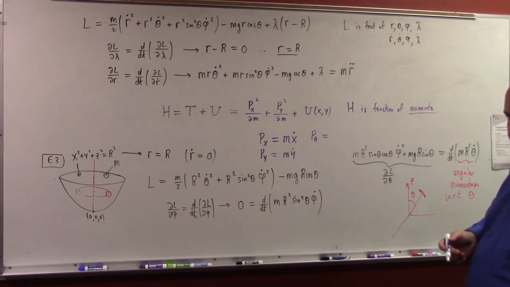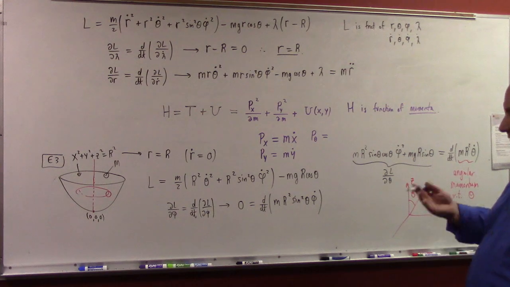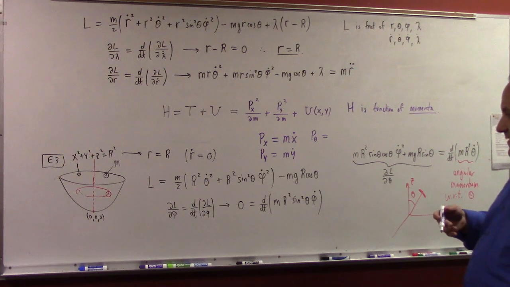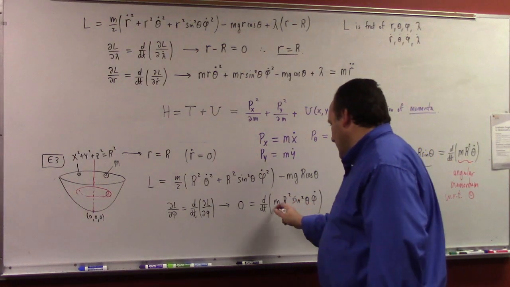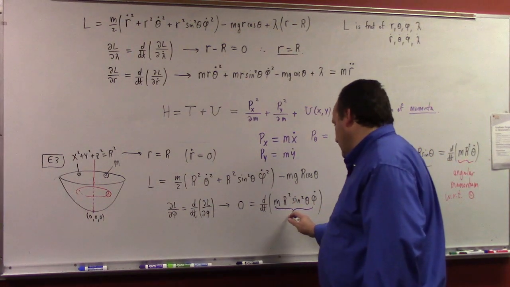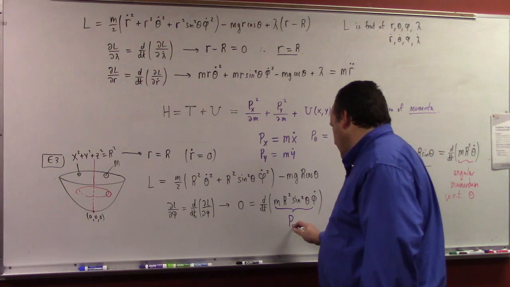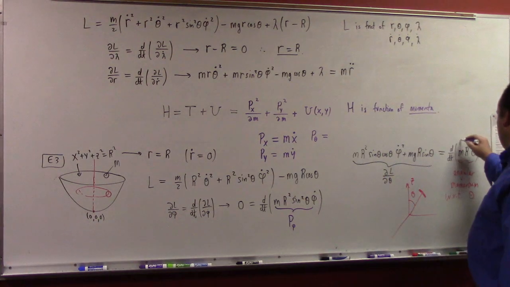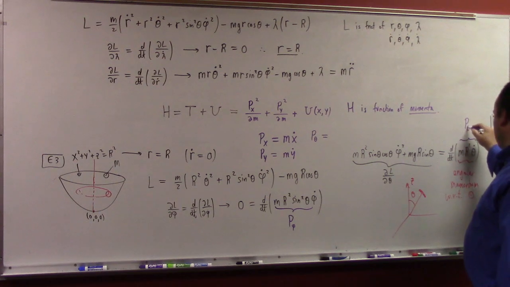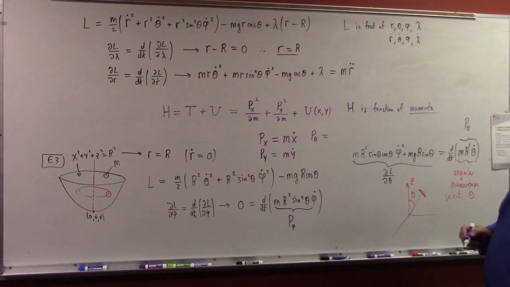That's a more difficult question, but the answer is actually already given to us in the Lagrangian formalism, because if you look at this, this is exactly what you'd like to be the momentum in the phi direction. And this over here is exactly what you'd like to mean by momentum in the theta direction.